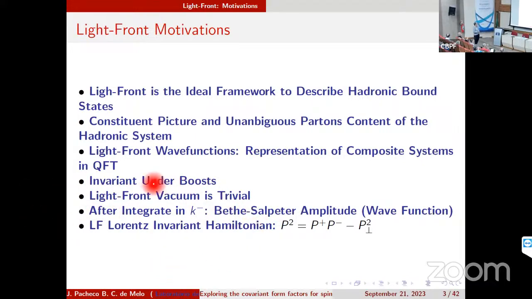Another advantage is the invariance under boosts. The light-front vacuum is almost trivial, as you see in the talk by Lubo Bandovinic. After integrating over k minus energy in light front, you can obtain the wave function from the Bethe-Salpeter amplitude. The Hamiltonian in light front is Lorentz invariant.